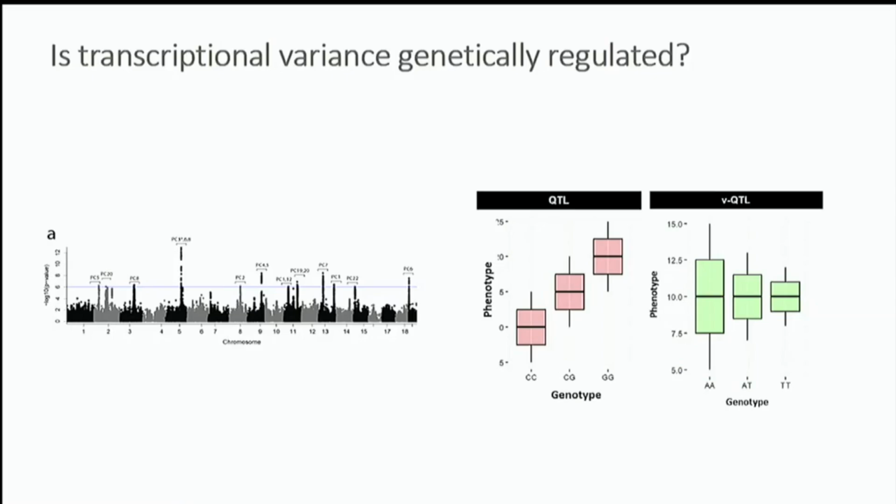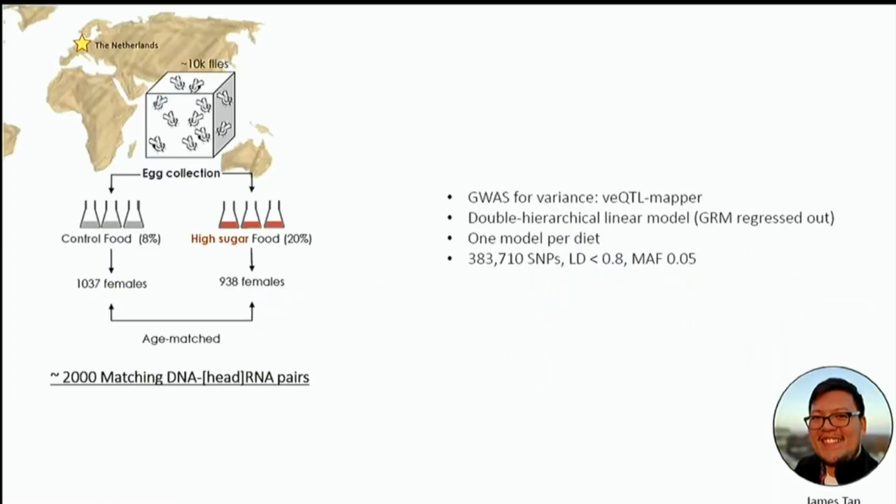If you have unrelated individuals, it's easy. And this took a while to figure out, how we can do it for 10,000 phenotypes, which are your genes, in 2 different environments. So poor James suffered through this, but he managed to make it work using 2,000 individuals for which we have these DNA and RNA-seq pairs.